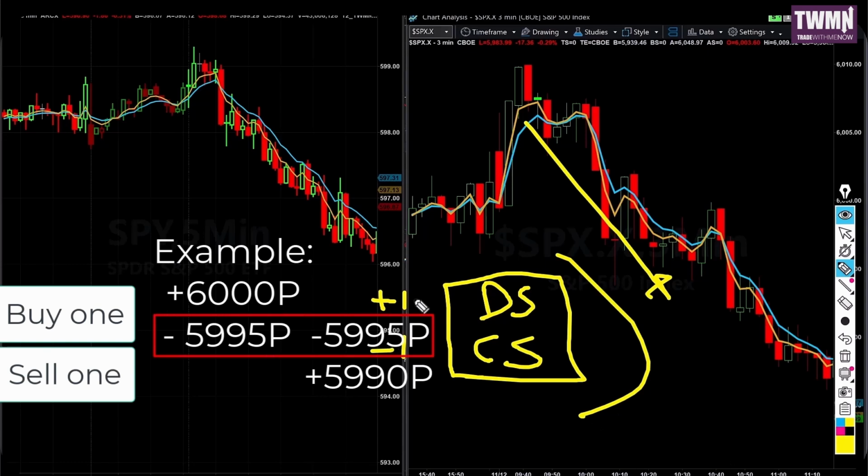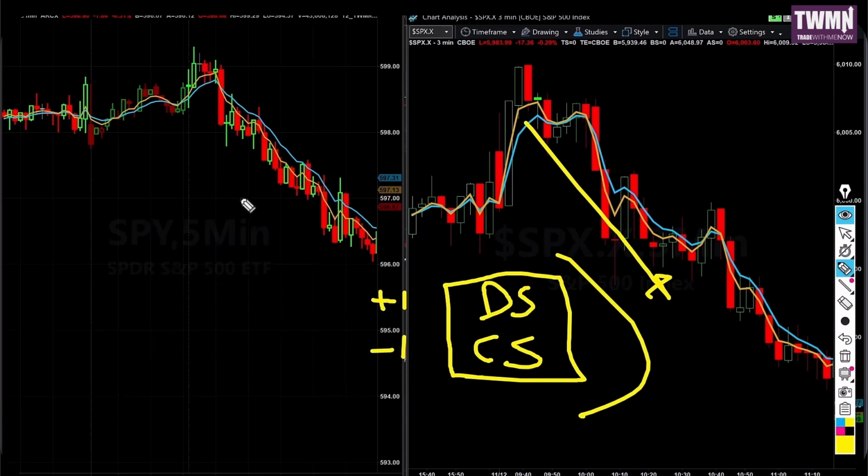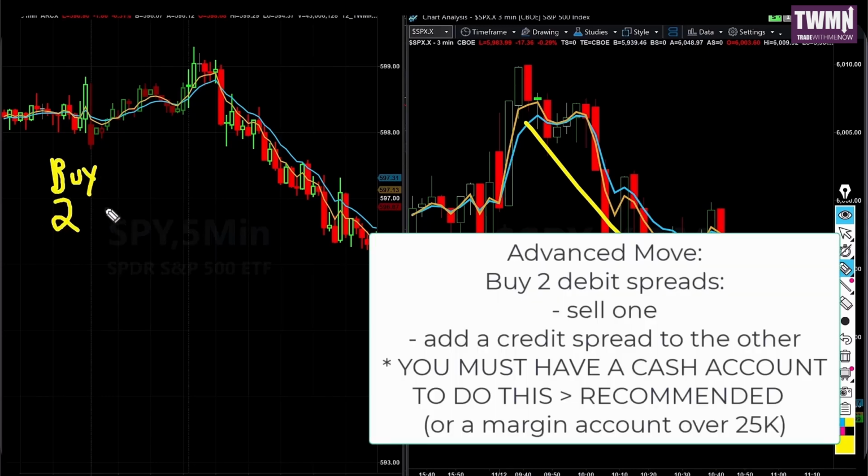So the advanced aspect of this, to go to the next step, is that you would buy 2. Now watch this. You buy 2 debit spreads, but instead of converting them both, you sell one and then you convert one.